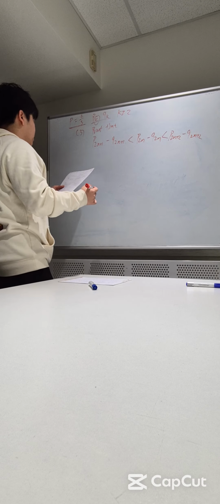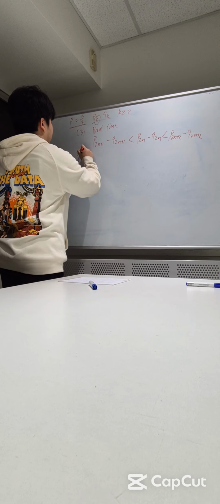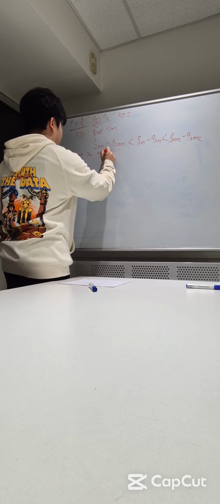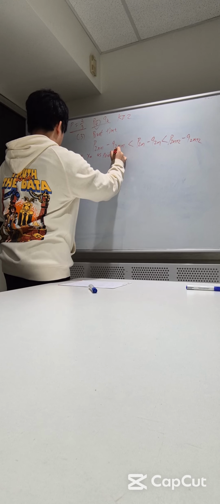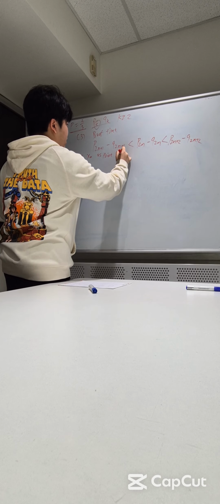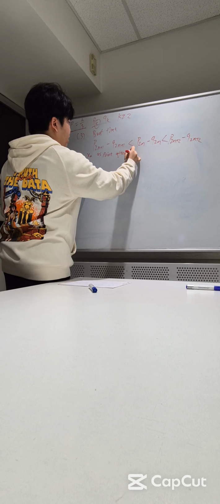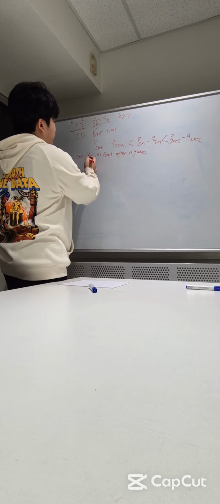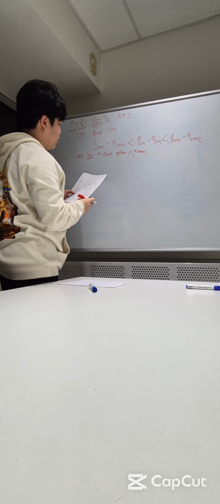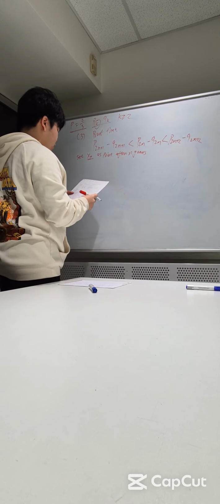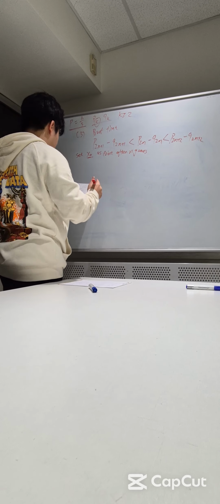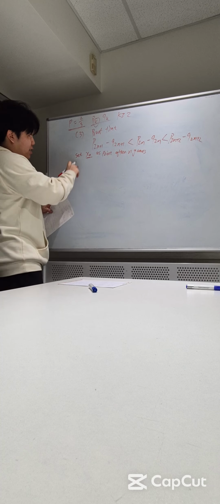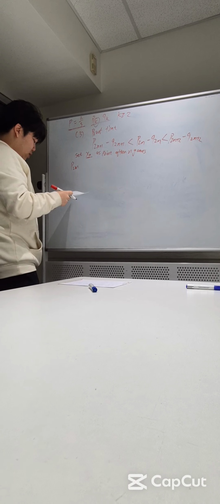So for the proof for question 3, first we need to set xn as the points after n games, so just how many points they've gotten. So that we can get p to m. I'm using m instead of n as a dummy variable.